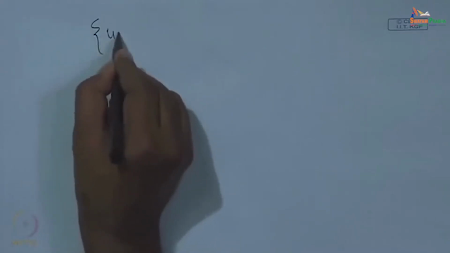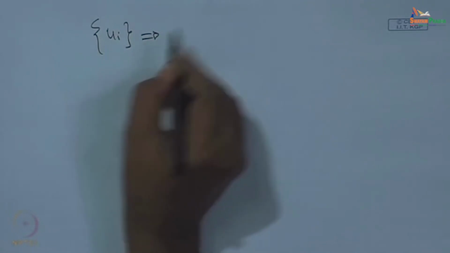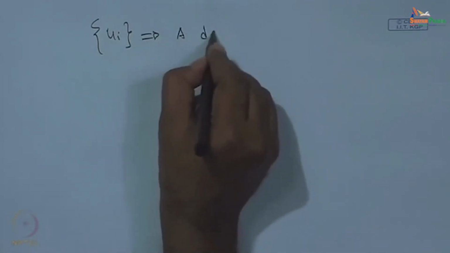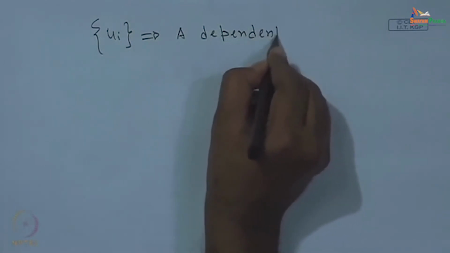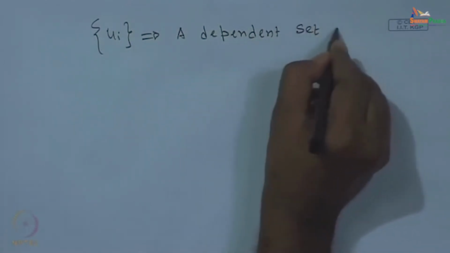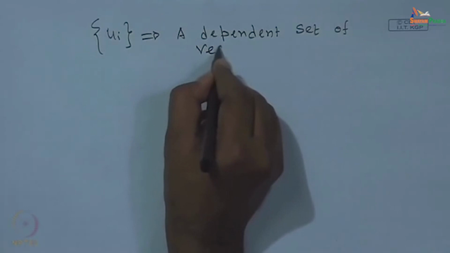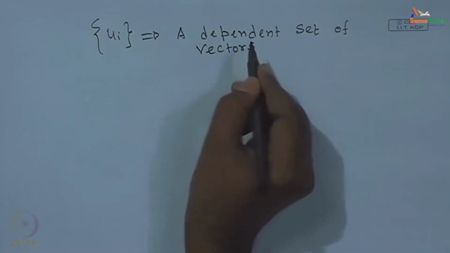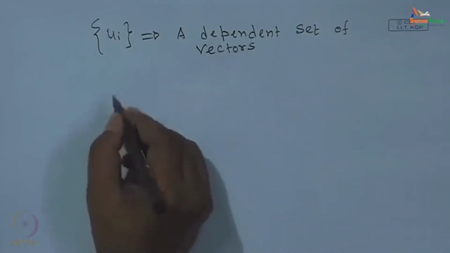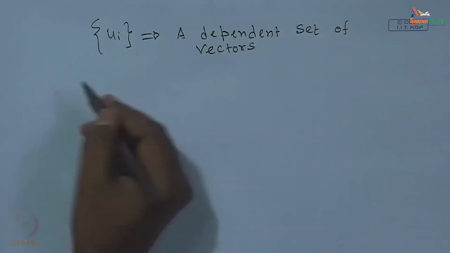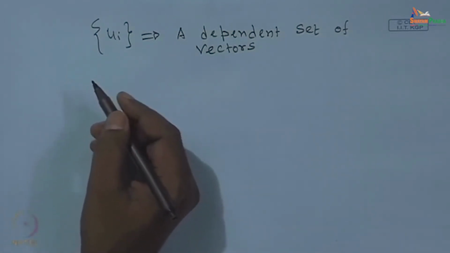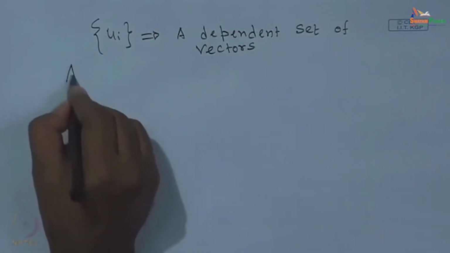So, the conclusion is that the ui constitute a dependent set of vectors. There is another test to check whether a set of vectors is dependent or independent.